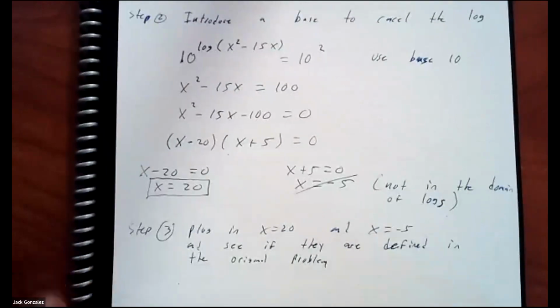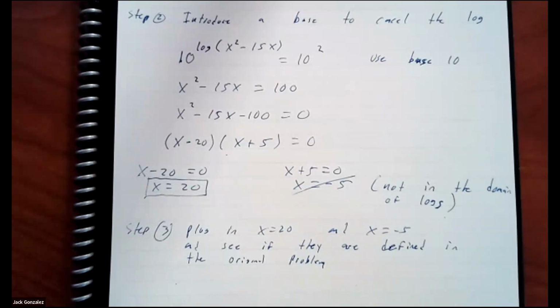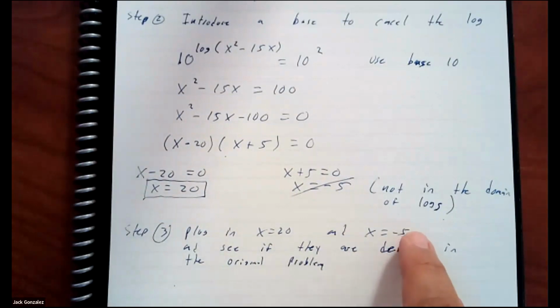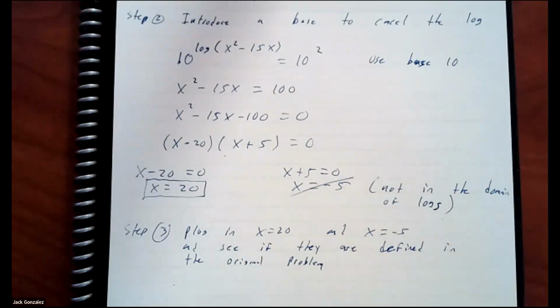You're going to see that only this one works. X equals negative 5 is not in the domain of logs. Any questions on 5?